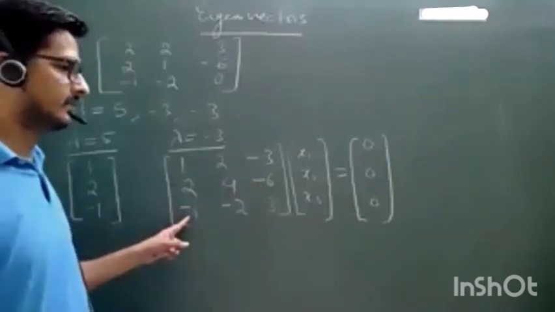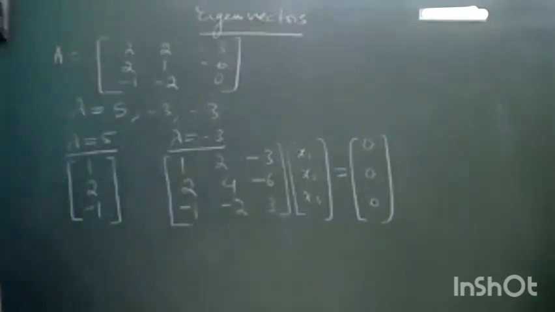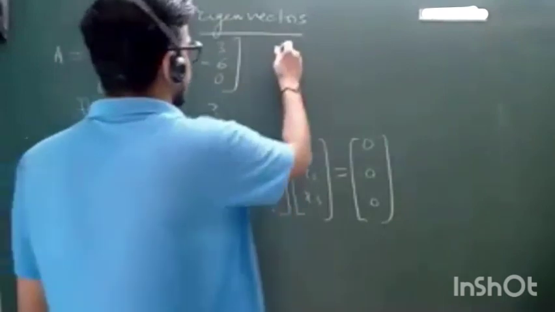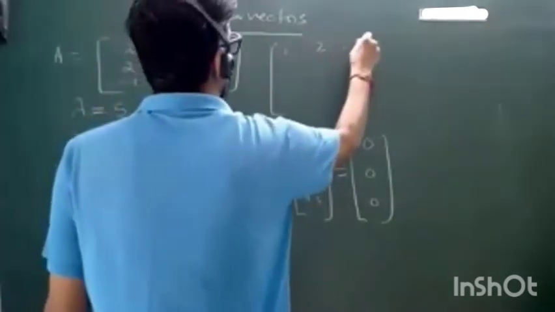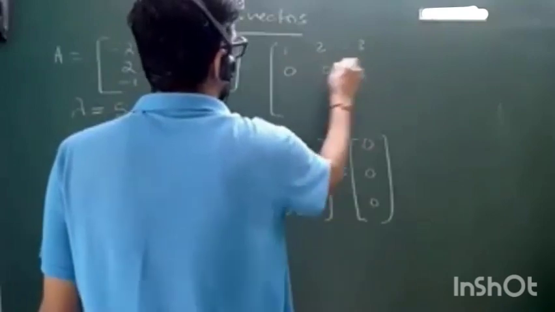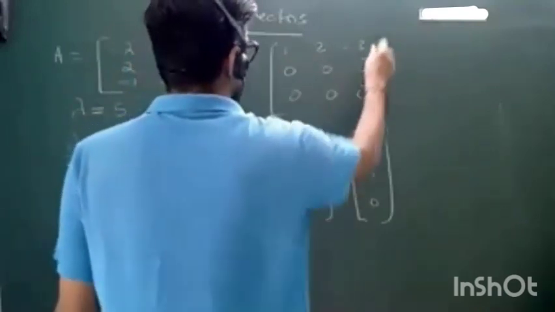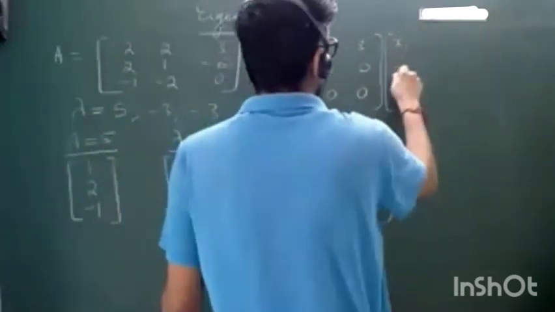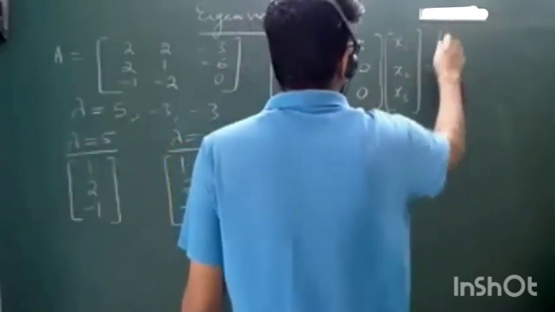So you can subtract them, and by elementary row transformation you will get 1, 2, -3 in the first row and 0, 0, 0 in the others.